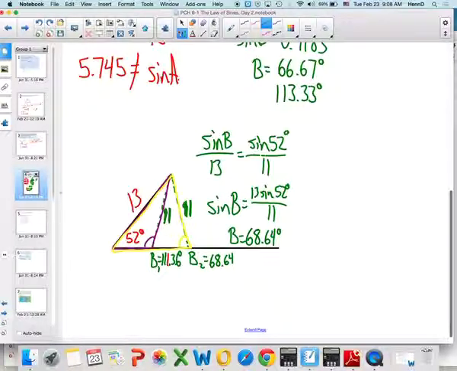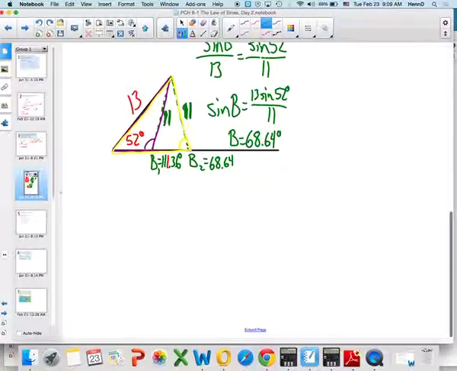Alright, so it's just now that we know this information, we could then figure out the possibilities. So we have 111.36, here's 11, here's 13, here's 52. We could finish solving for this side and this angle.